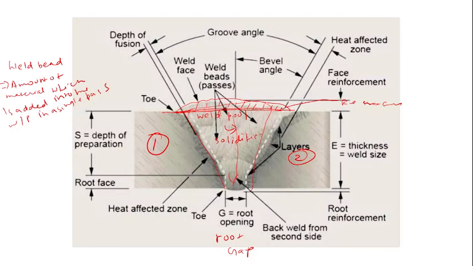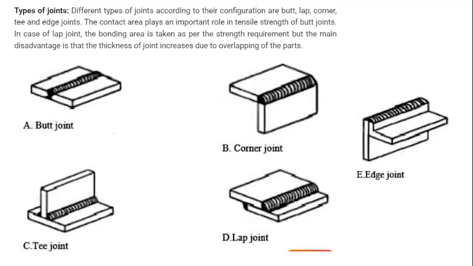Okay. Then suppose we have done a fillet weld. We are joining two metals like this. Suppose this is your weld.